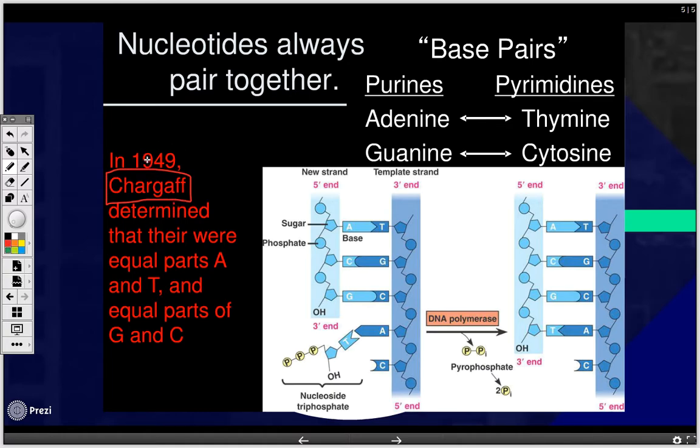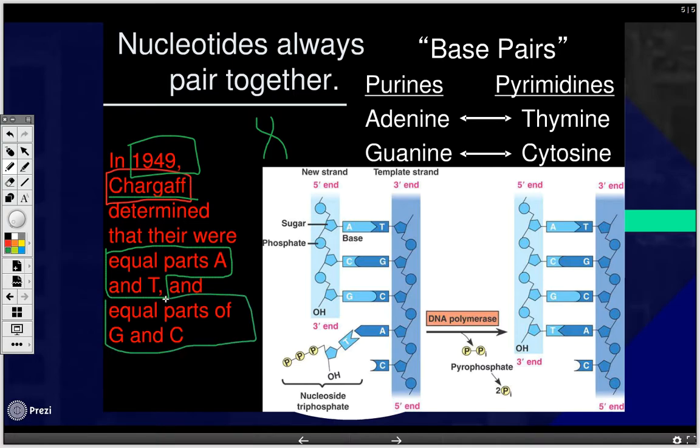Chargaff was a man who, in 1949, even before we found out that DNA was a helical structure, or that little twisted ladder, determined that there were equal parts A and T, the two bases adenine and thymine, and equal parts G and C, guanine and cytosine.